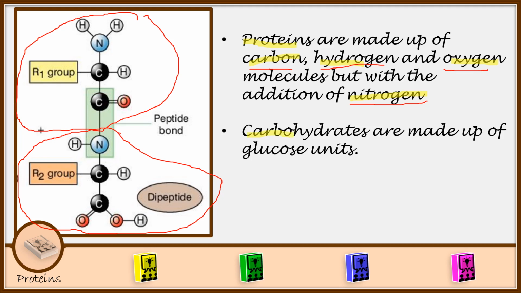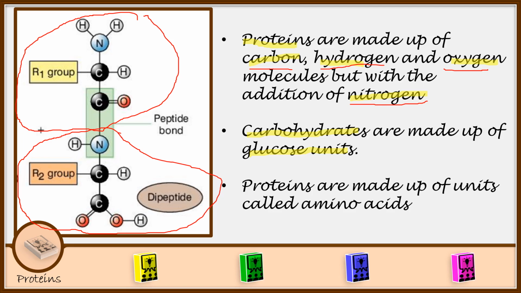Now we saw that carbohydrates are made up of glucose as the simplest unit. For proteins, the simplest unit is called the amino acid. The whole of this is an amino acid. Here we have the OH attached, and on the other side we have hydrogen.